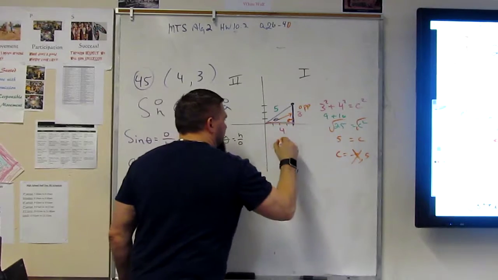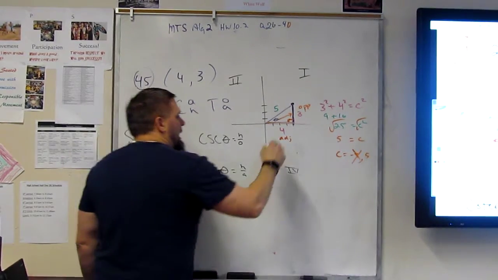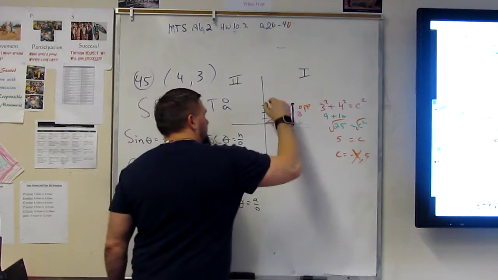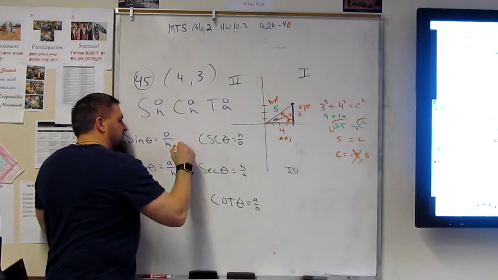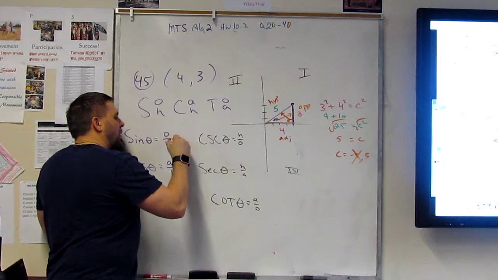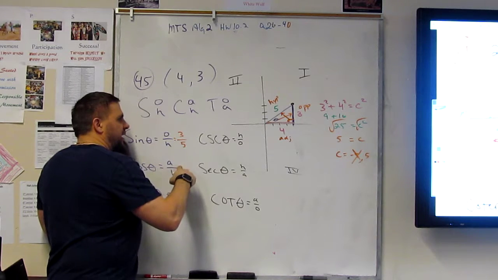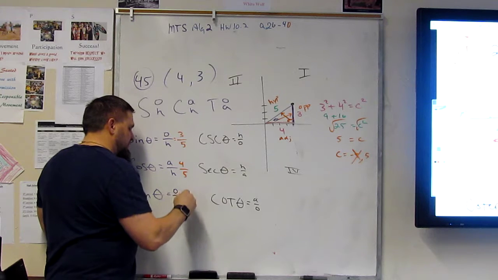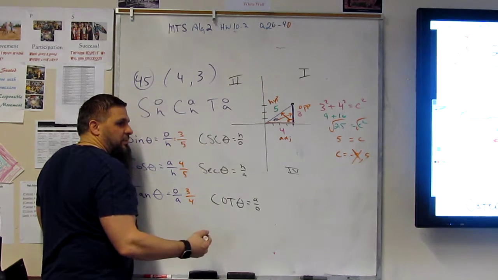So this bottom one is the adjacent, right? And hypotenuse is always across from the right angle. 5. So that's 5. So it's pretty easy. 5 is hypotenuse, right? O is 3. A is 4. H is 5. O is 3. A is 4. Pretty simple, right?